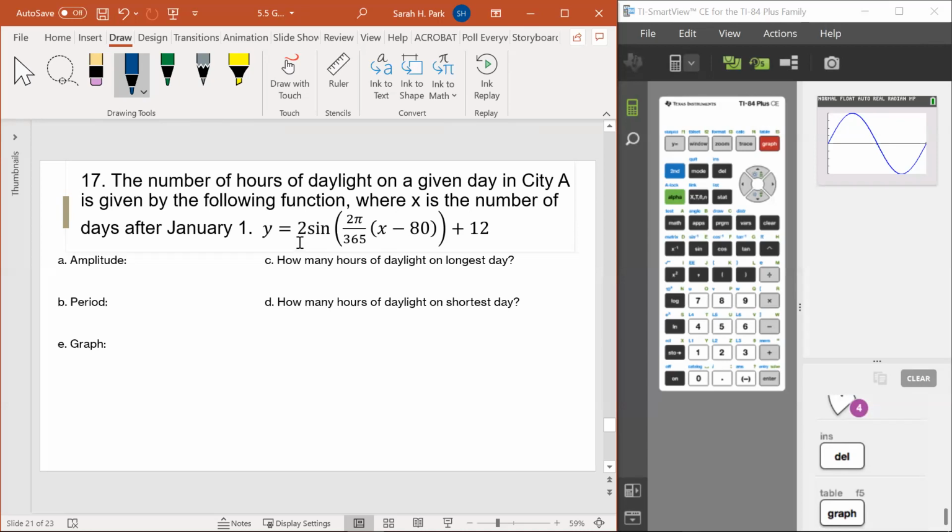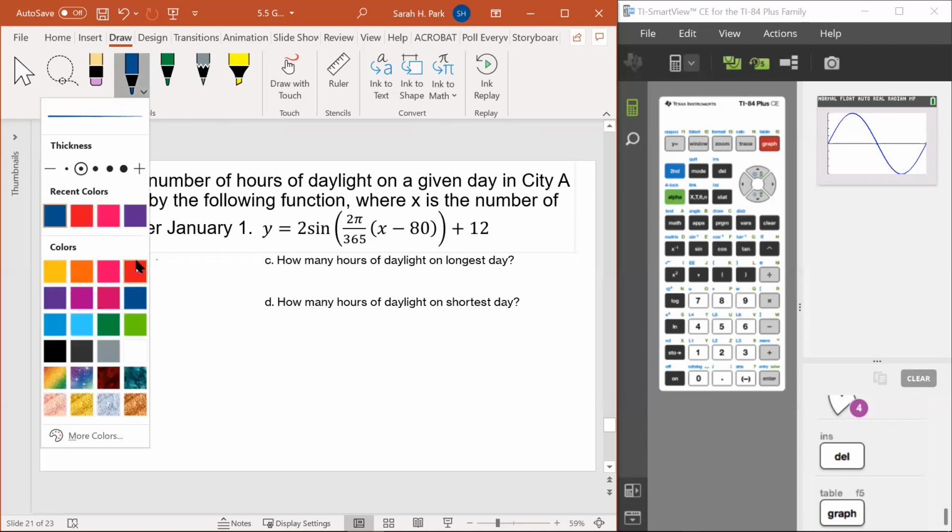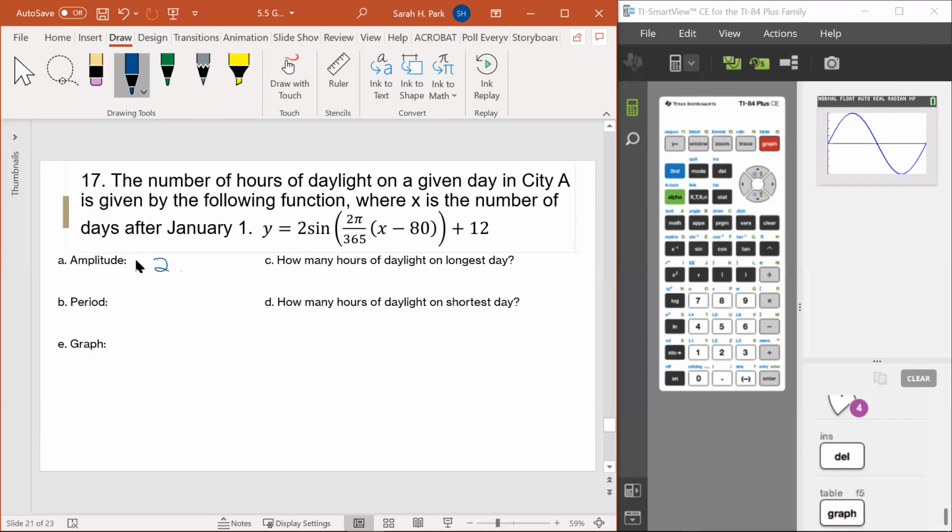What's the amplitude? The amplitude in this case would be 2. That's A. The period is 2 pi over B. In this case, B is 2 pi over 365.